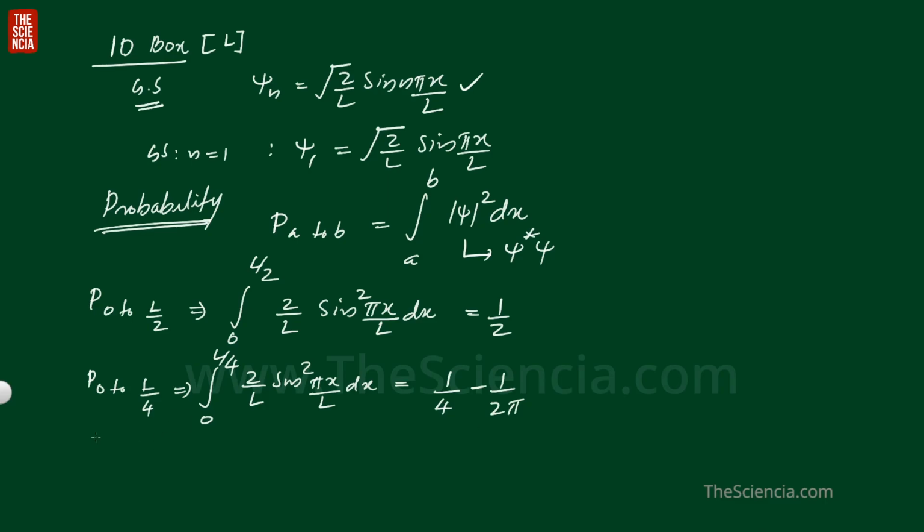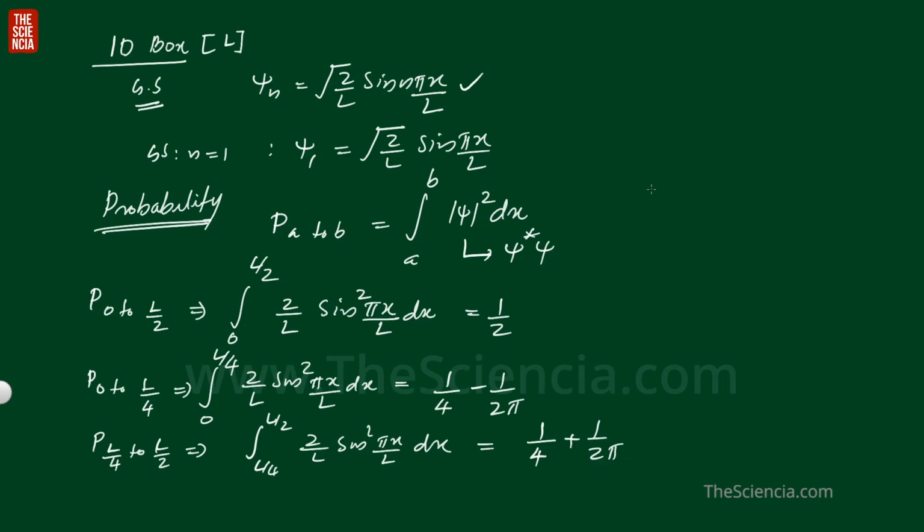And the probability of finding the particle in the region L by 4 to L by 2 is integral L by 4 to L by 2 2 by L sine square pi x by L dx. This one is also we solved earlier and we got the answer as 1 by 4 plus 1 by 2 pi.